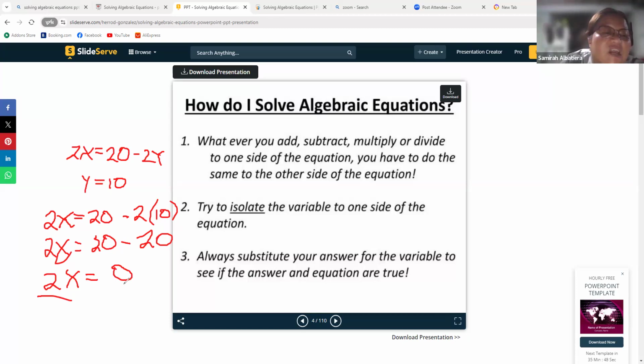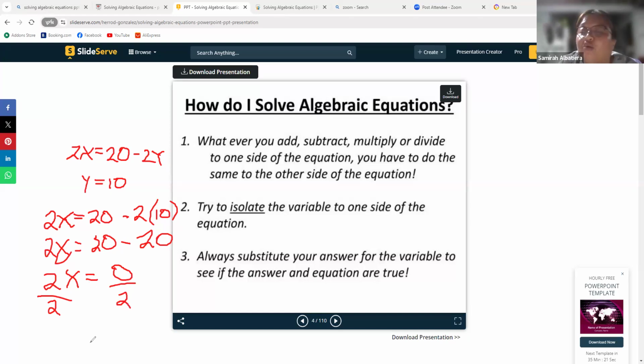If you look at it closely, the value of x would be 0, right? But if we really want to show it, our goal here is to make sure that what will remain on the other side will only be x. We will remove the coefficient. By the way, the coefficient here is actually the number 2. Since we divided 2 from the left side, according to the rule, we are also going to divide 2 from the right side.